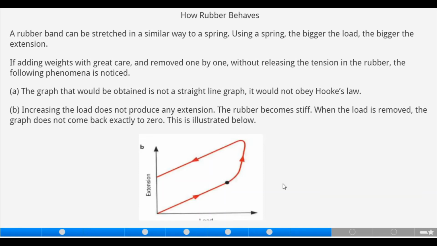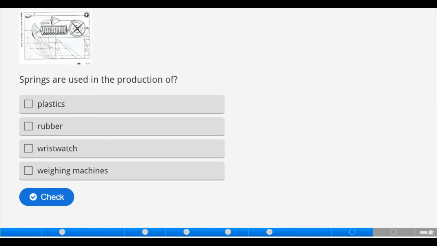When this particular rubber is loaded, it won't at all obey Hooke's law, so it won't return back to zero from the initial point where it started. So with that, let's deal with some activity.